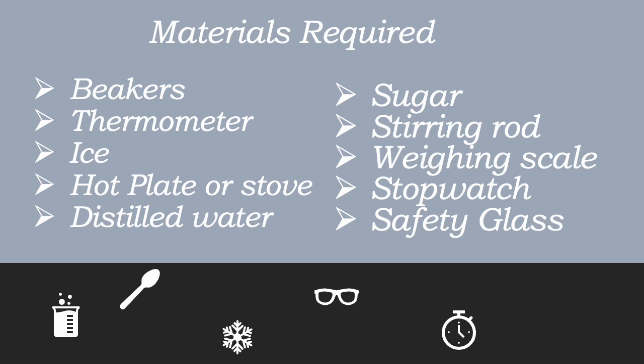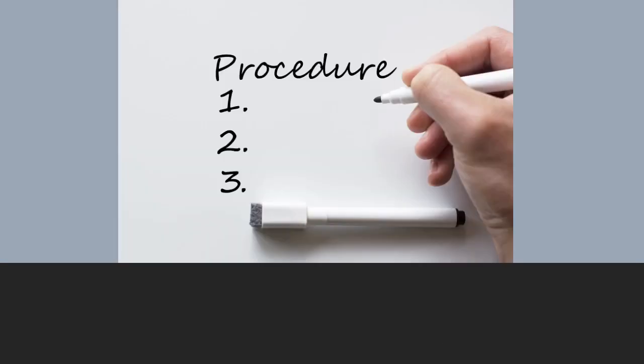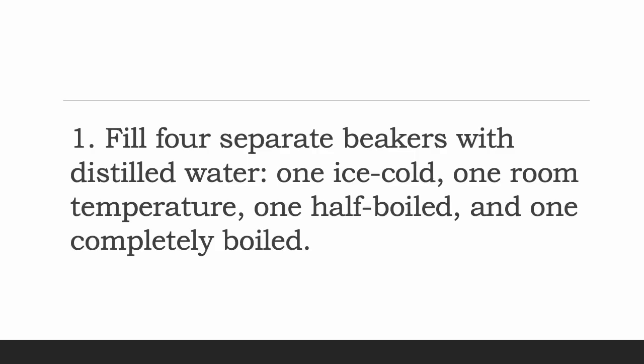And so we have prepared an experiment to give you a better idea of how the temperature will affect the solubility and the amount of sugar that goes into the water. First, we are going to need 4 separate beakers, which we fill with distilled water: one with ice cold, one with room temperature, one with half-boiled, and the other with completely boiled water.